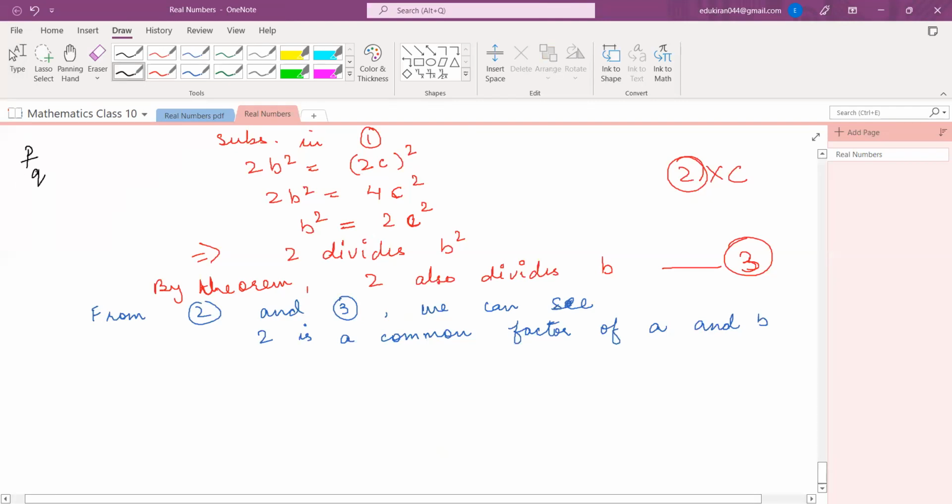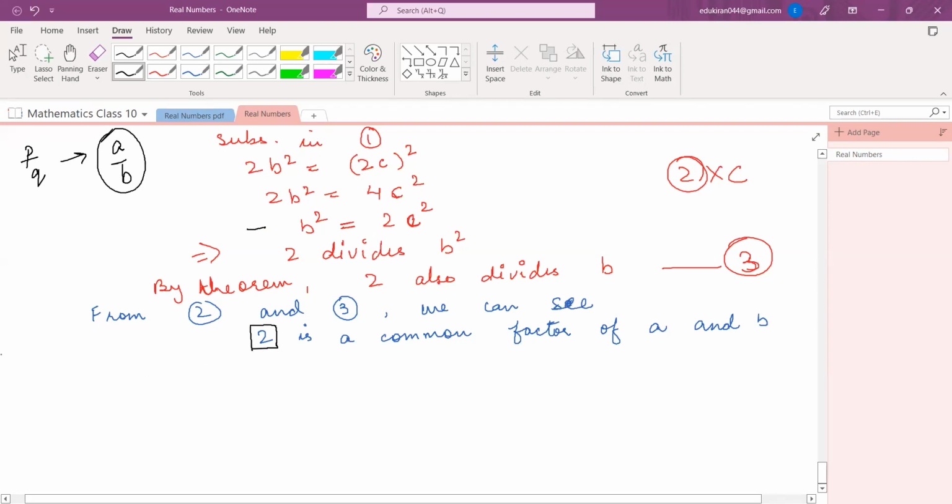See, we took root 2 as a rational number. That means root 2 is equal to P by Q. Then we have reduced this P by Q in its simplest form so that we can get it in terms of A upon B. That is what we are doing, right? So when it is in simplest form, that means A and B are co-primes. But our result is telling us that there is a common factor between them, like 2 is a common factor. So that means it has contradicted our assumption, isn't it?